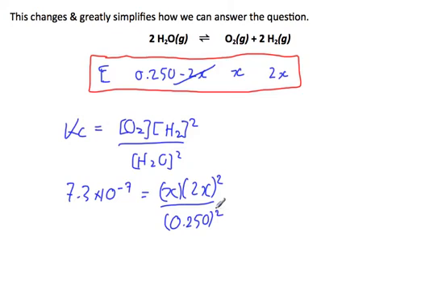And so when I solve for x here, when I isolate x, just to show you the entire calculation, 4.56 times 10 to the negative 8 equals 4x cubed. 1.14 times 10 to the negative 8 equals x cubed.